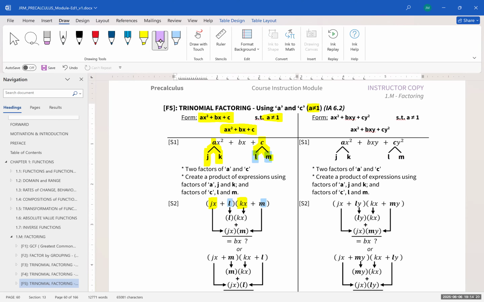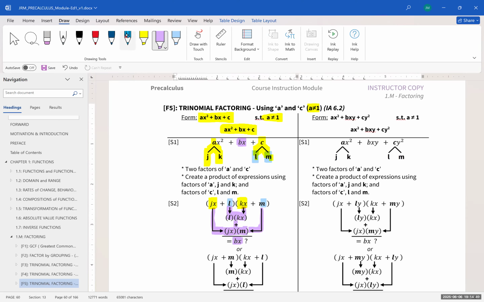Somewhat similar to the previous factoring method, we're going to multiply the two inner terms and multiply the two outer terms and add those together, and see whether they are equal to the middle term in our original trinomial.